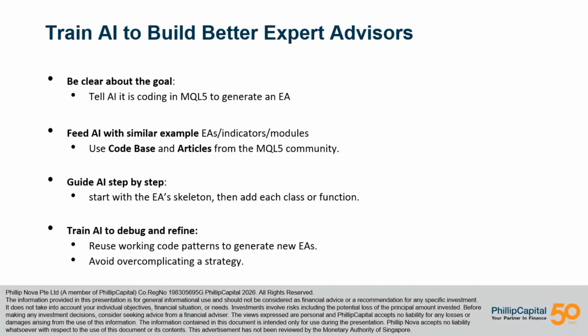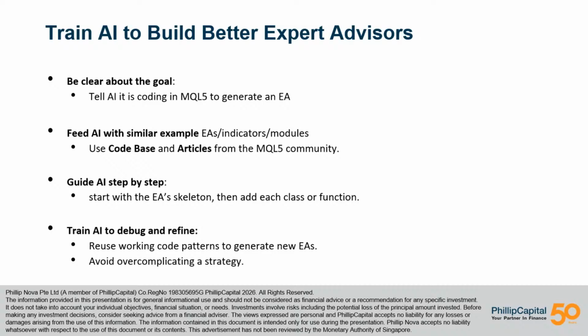If your strategy is complex, you had better give it the whole framework or the structure of the EA first. And then you let it code class by class. So for example, start coding with the entry logic, then exit logic, then the filtering logic, then the money management and risk management one by one.